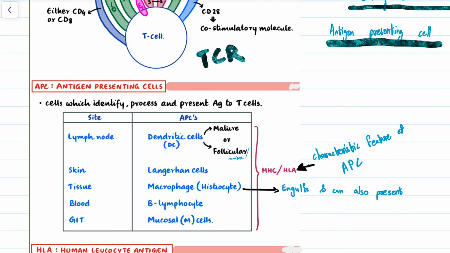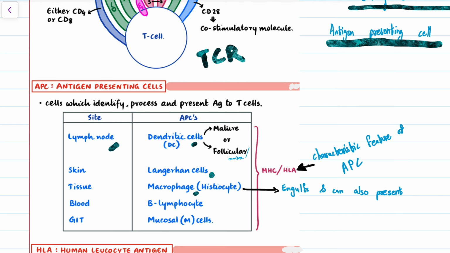APCs are of various morphology, present in various sites. For example, in the lymph nodes, it is the dendritic cells. These dendritic cells can either be mature or in follicular stage. In the skin are the Langerhans cells. In the tissue are the macrophages.